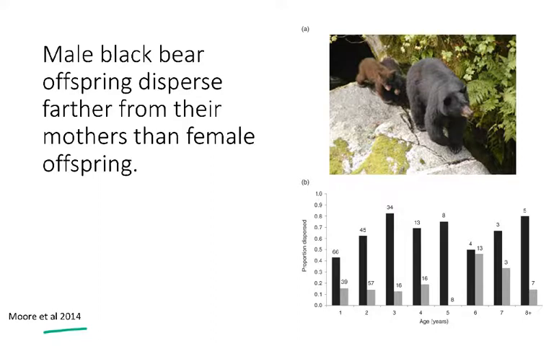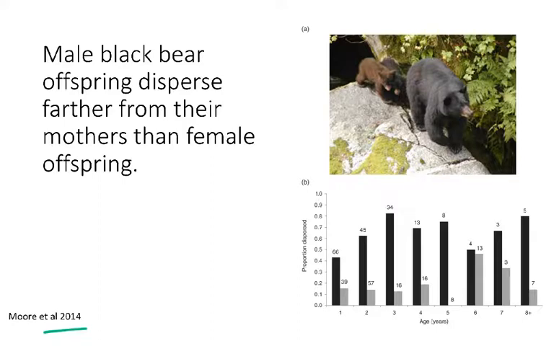What they found is they compared the distance between male offspring and their mother and between female offspring and their mothers. And what they found was that overall the geographic distance between a mother and a male bear was farther, indicating that males disperse farther, which would help us conclude that there is male bias dispersal happening.